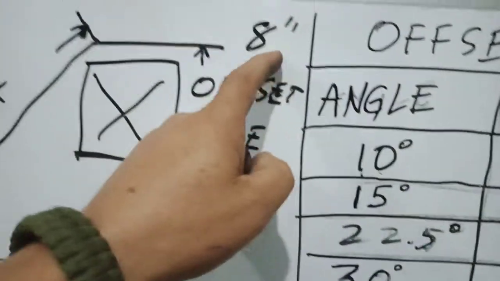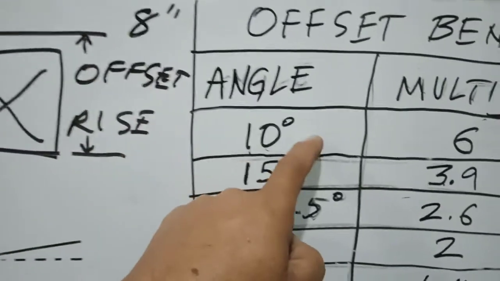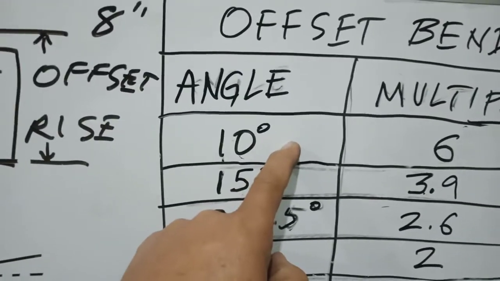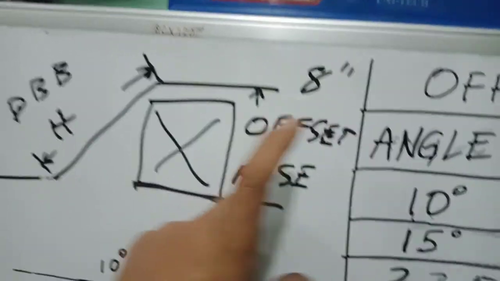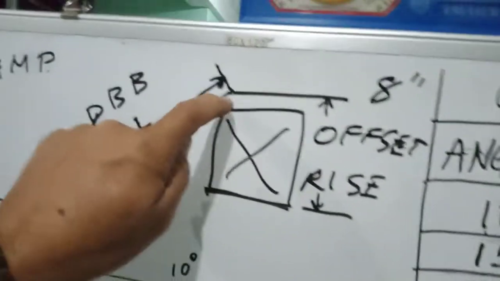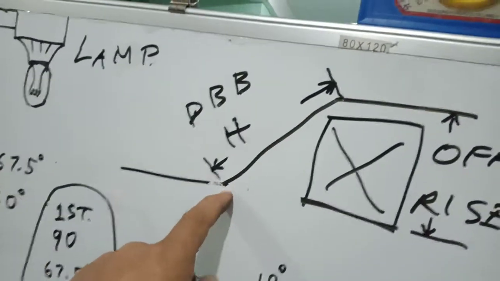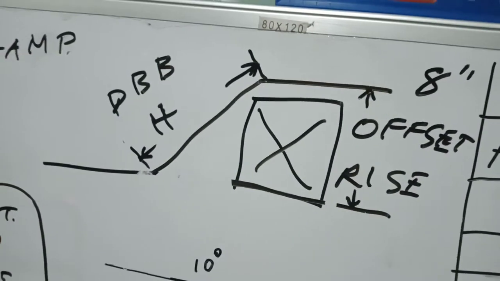So let's say 8 inches is the offset rise, and we are going to utilize 10 degrees. So we multiply 6 times 8. 6 times 8 equals 48. So from this point to this point, there will be 48 inches.